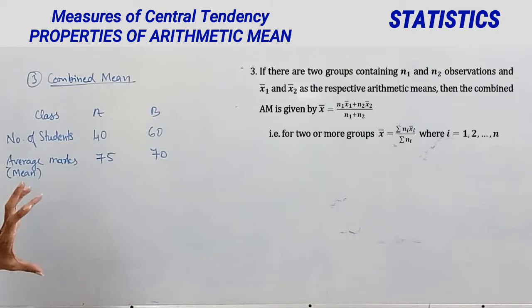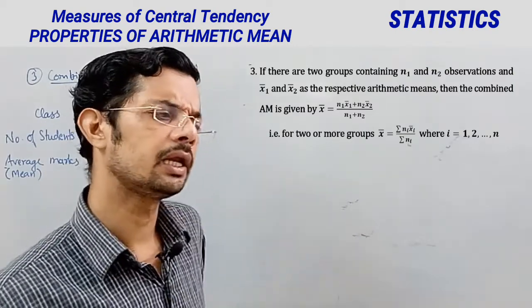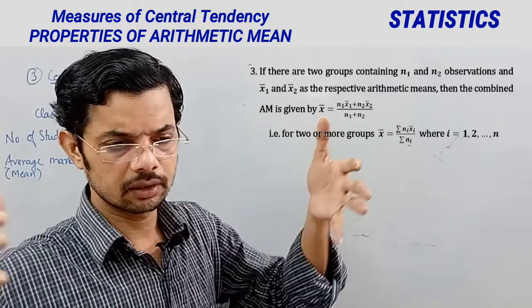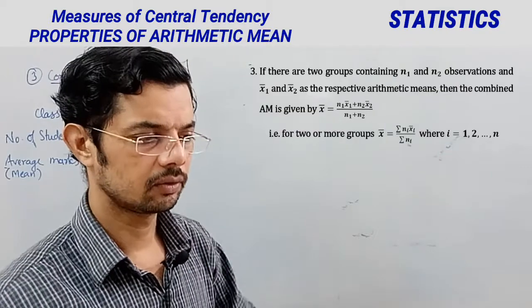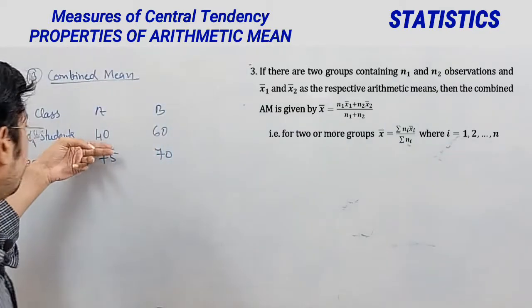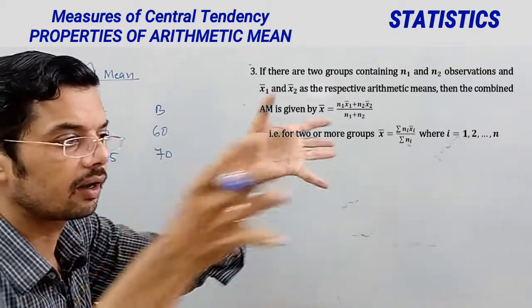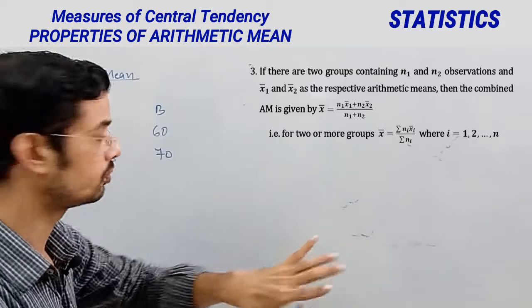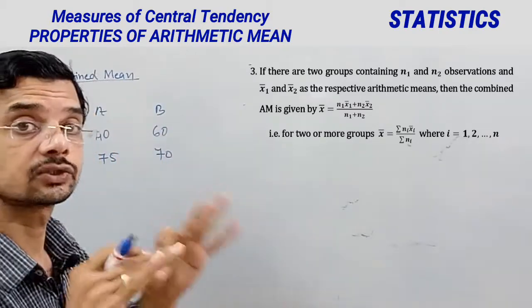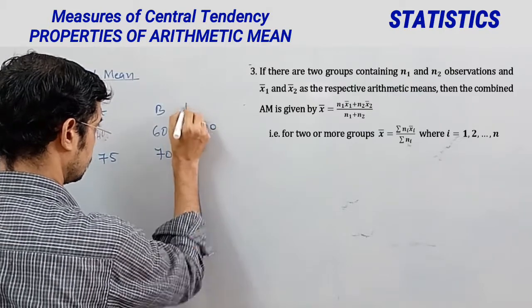Now we are interested in finding the combined mean. By combined mean, we mean that when we mix these two groups together, what is the final mean? Initially we had 40 students in the first group and 60 in the second group. When they are pooled together, the single large group formed will have 100 students in total.